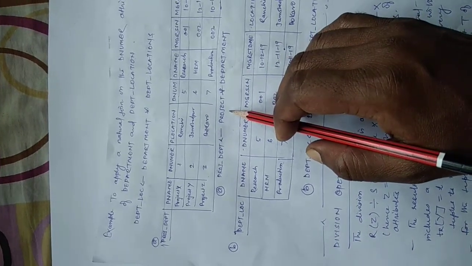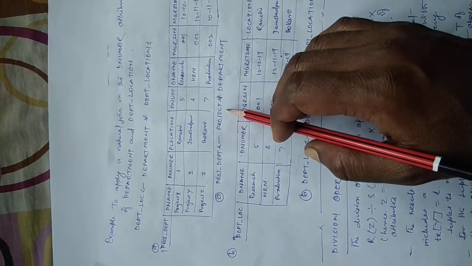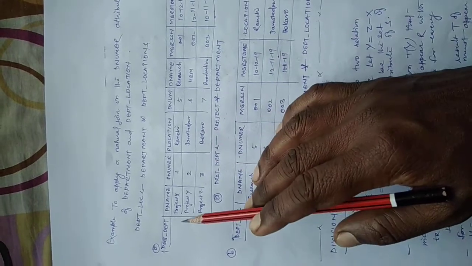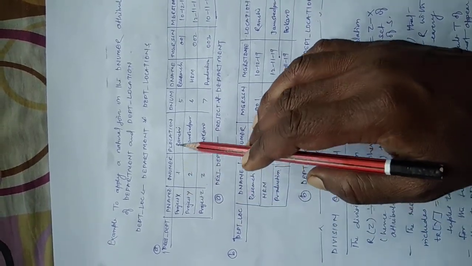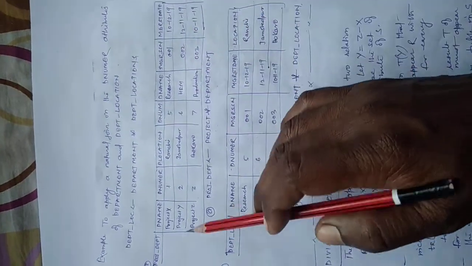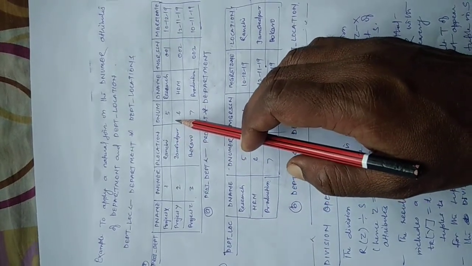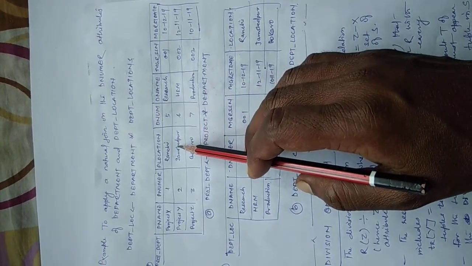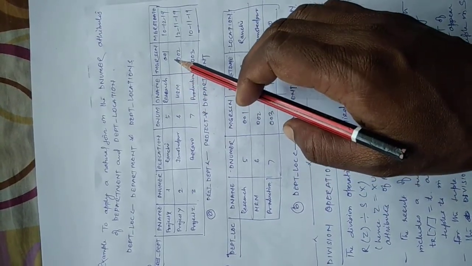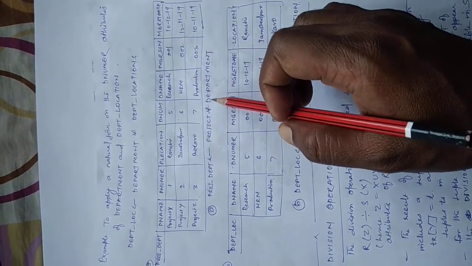You can see in my first video the schema diagram of project and department. Then you apply the join operation and find this result: project name, project number, project location, D number, D name, manager SSN, and manager start date. Project name, project number, project location and department number are in the project table, and D name, D number, manager SSN and manager start date are in the department table.